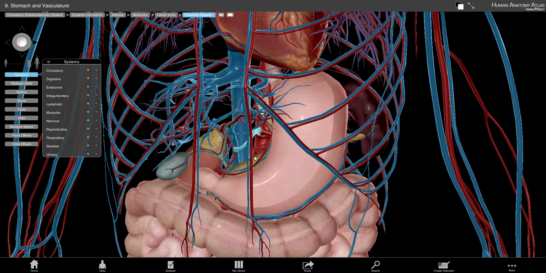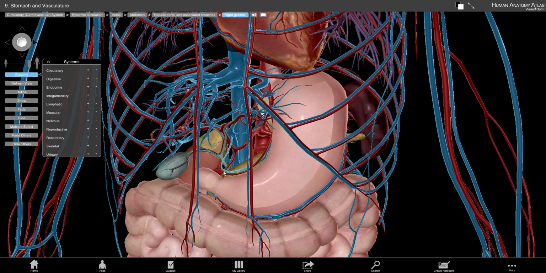The lesser curvature of the stomach is supplied by the left gastric artery, which arises directly from the celiac trunk, and the right gastric artery, which arises from the hepatic artery proper. This is the common hepatic artery, and this one is the hepatic artery proper.